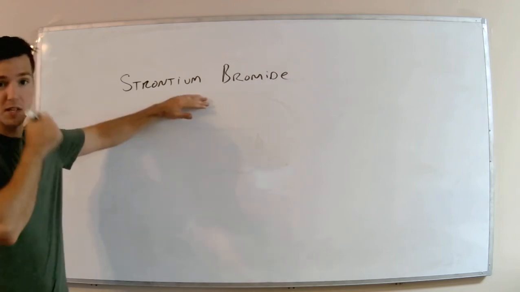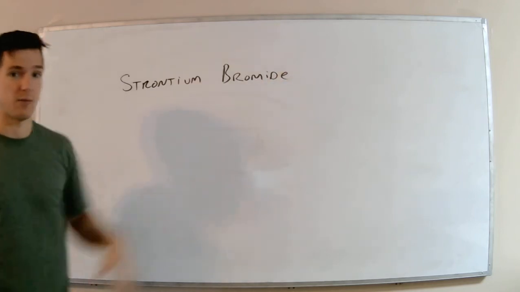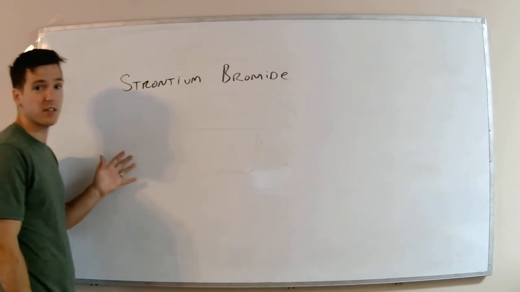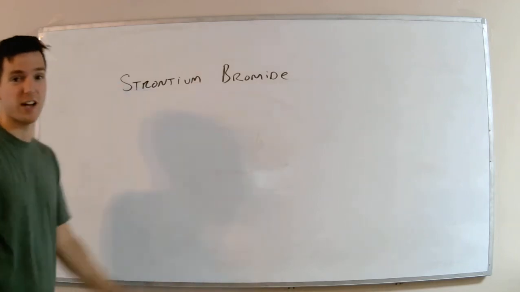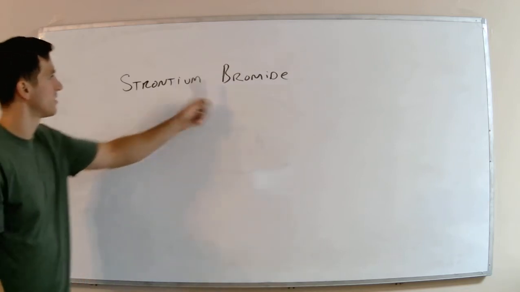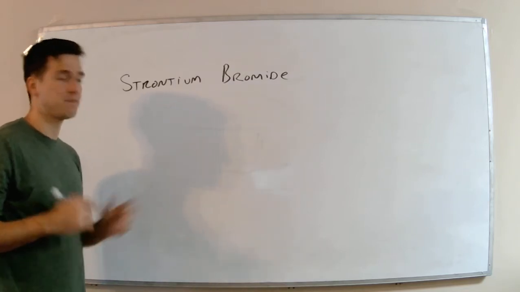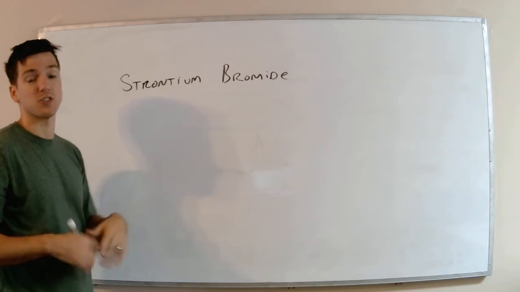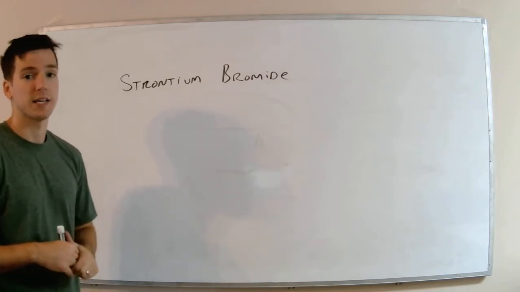It's not an acid because there's no acid stated here. It's not covalent because I don't see any mono, di, tri, tetra, or anything like that, so it's got to be ionic. And here's the thing: is it a transition metal? No, there's no Roman numerals in there, so it's just a straight up ionic compound.